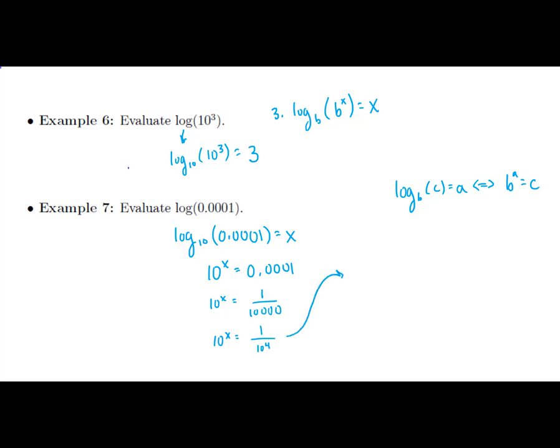And then finally, in order to get the tens on the same level, we just bring that 10 to the 4th up and make the exponent negative. And so once I do that, it's easy to see my x should be -4. So the log of 0.0001 is equal to -4.